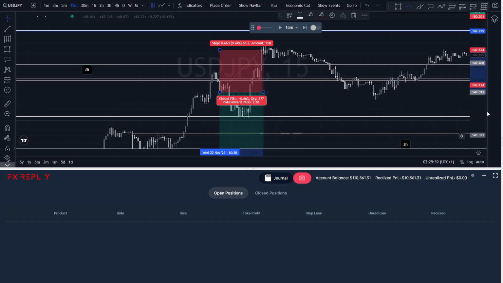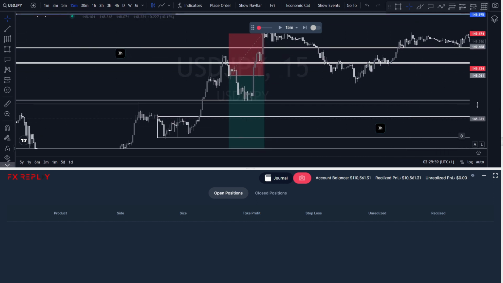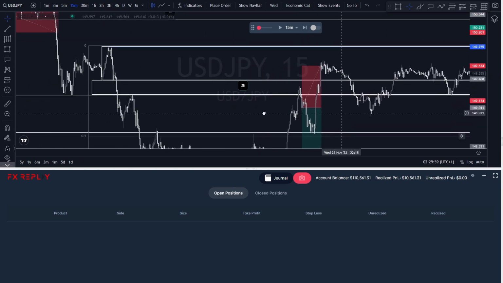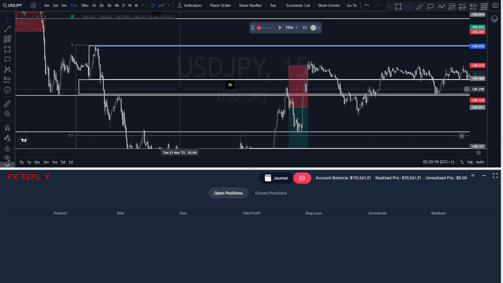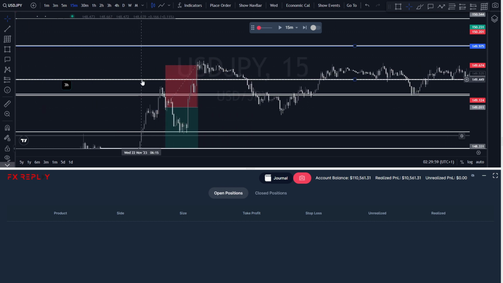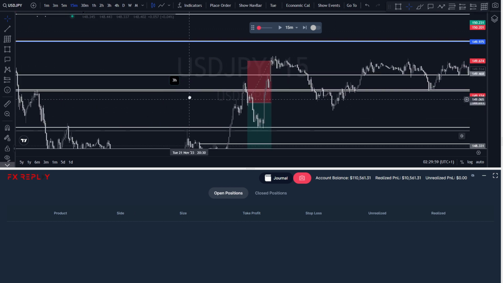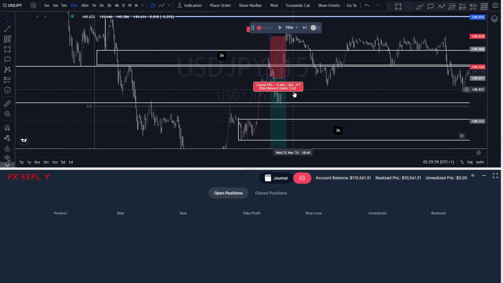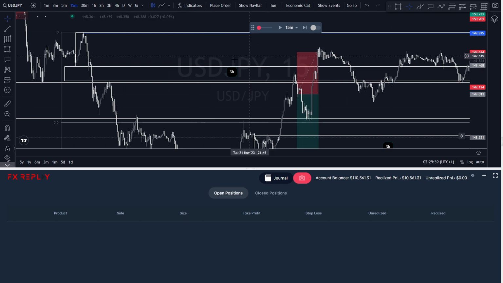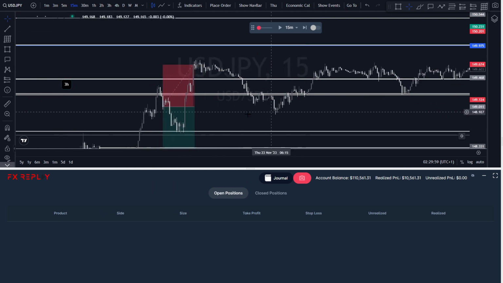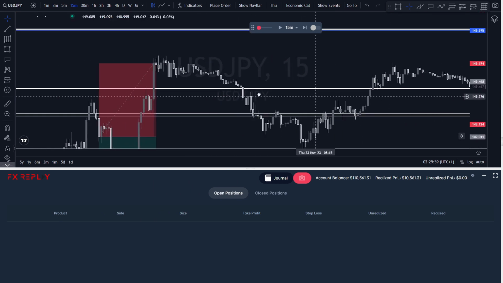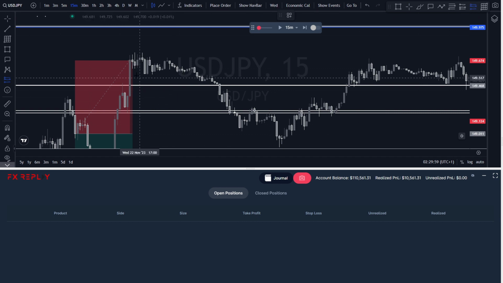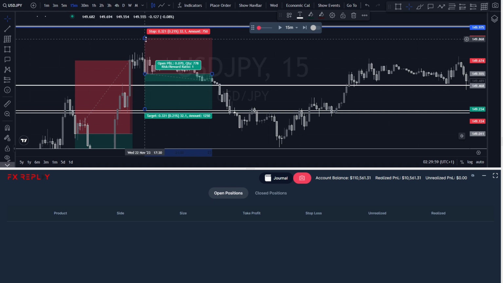I should have just stopped for a second and thought, because if I had waited for price to go more deeply into this order block, since I was entering off a daily fair value gap, 3-hour fair value gap, equilibrium and break of structure, I should have waited for the order block. Then I could have entered for a sell on a good break of structure, which could have been right here.